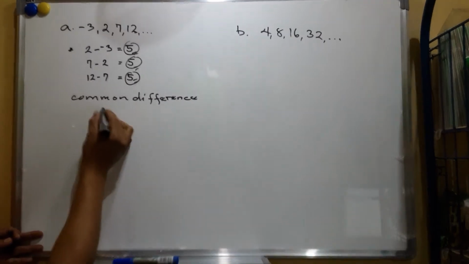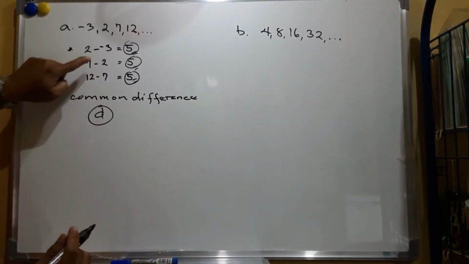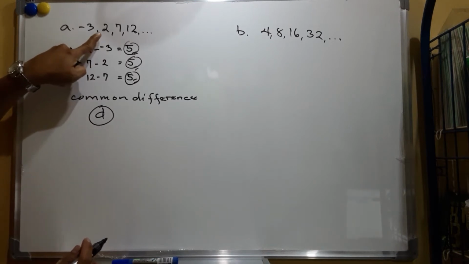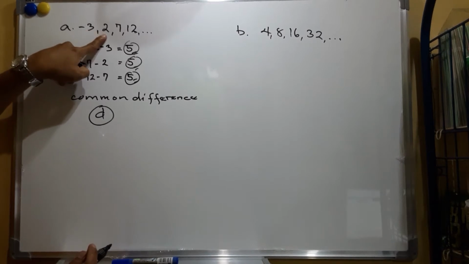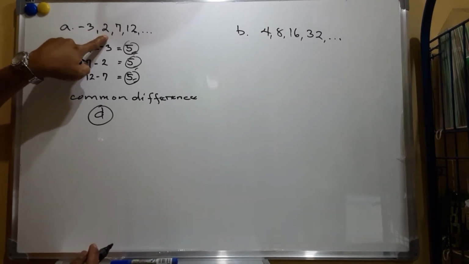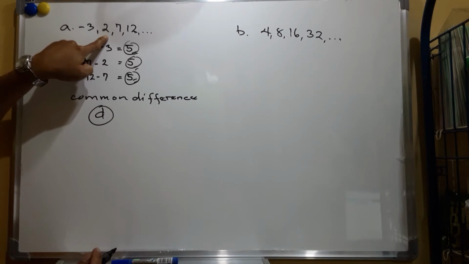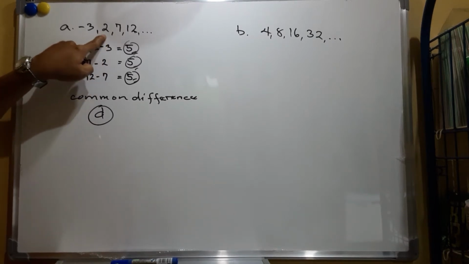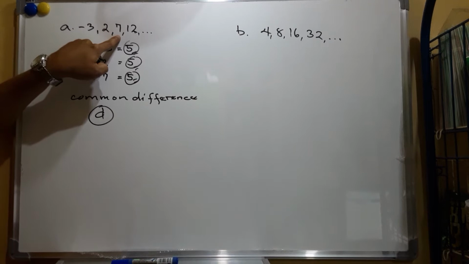To find your d here, all you have to do is subtract negative 3 from 2, or subtract the before number from the number that follows it. Okay? So subtract the previous number from the next.